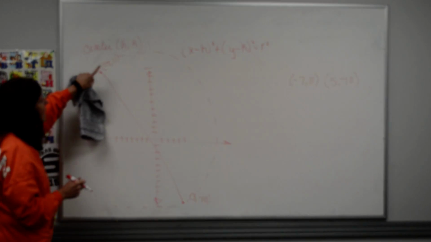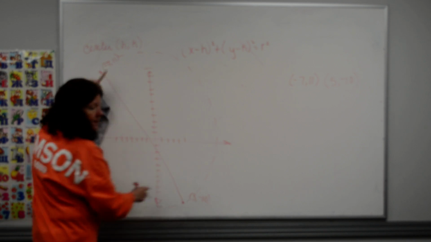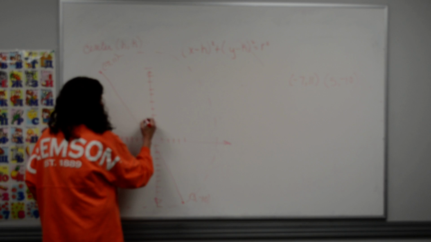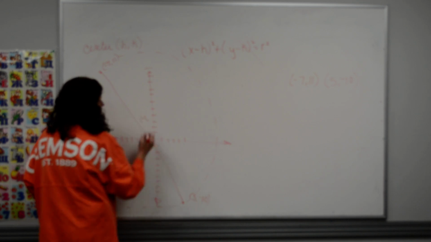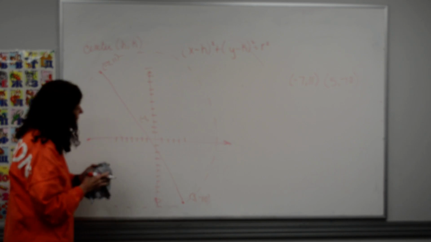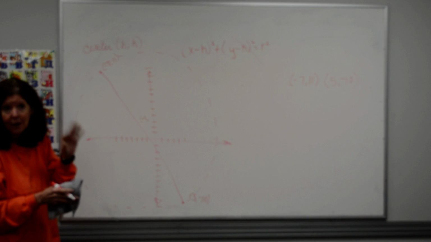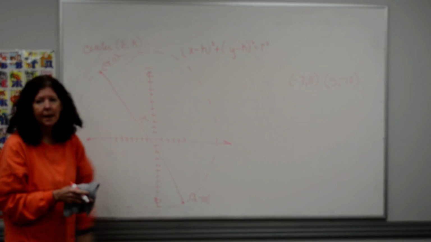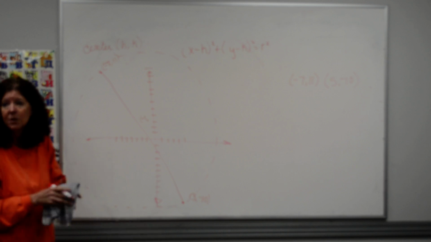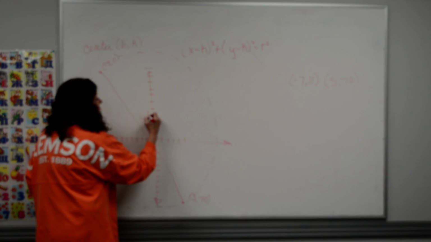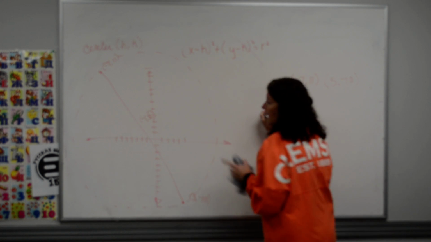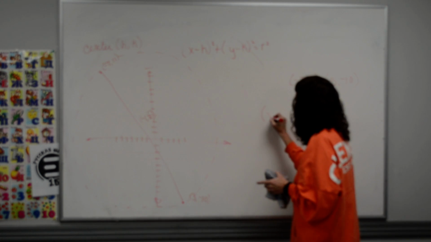So I take -7 plus 5, which is -2, divided by 2 is -1. So my center x is -1. Then I do 11 plus -10, which is 1, over 2. So I have the point (-1, 1/2).